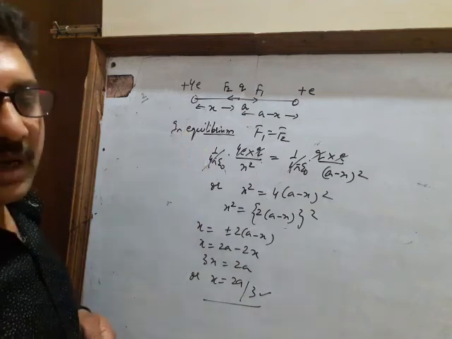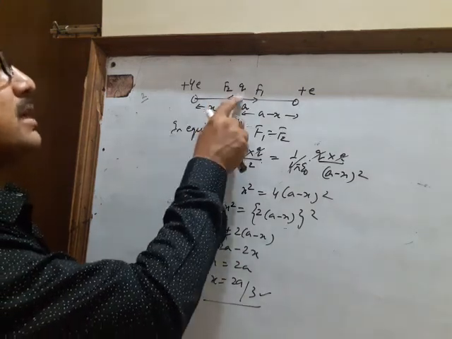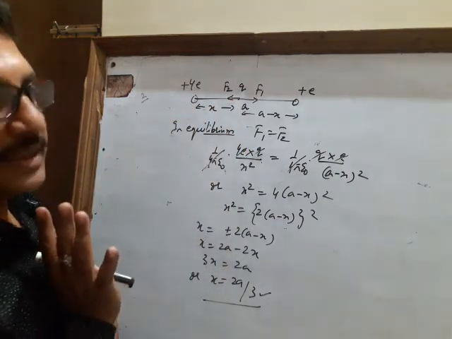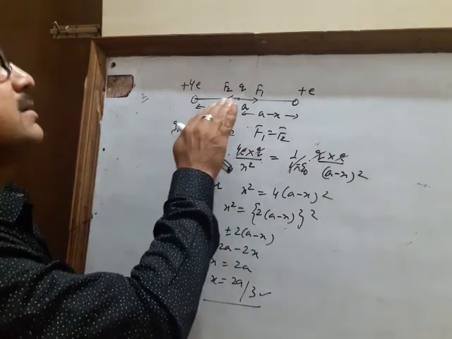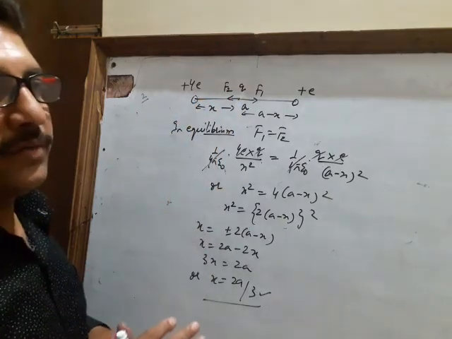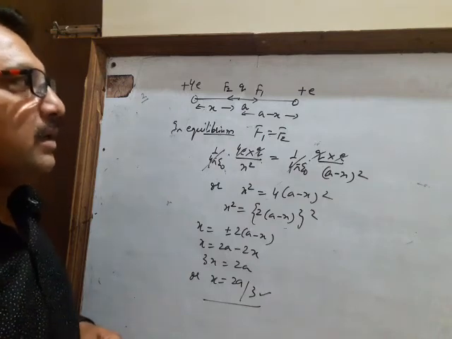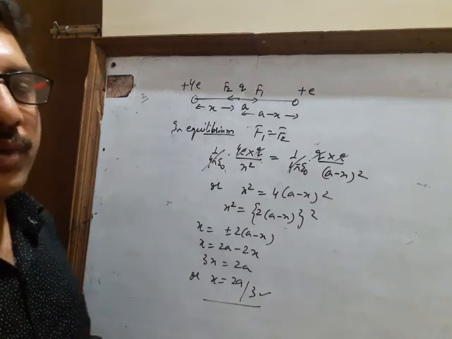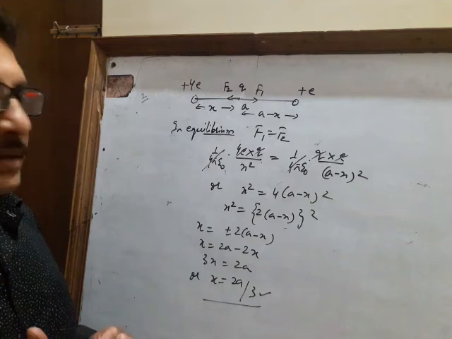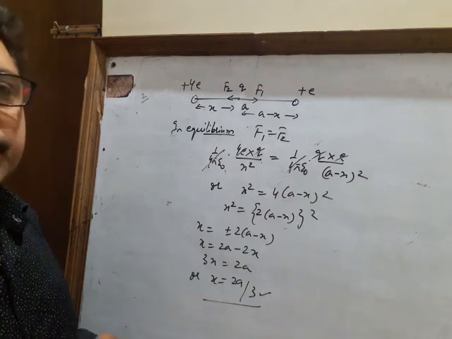This is what we call unstable equilibrium. Only at this point, keeping the minus q charge here, is the system in equilibrium. Otherwise, if you displace this charge to either side, the equilibrium will be disturbed.